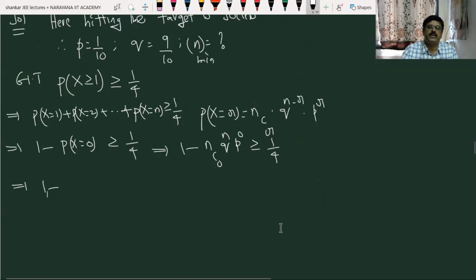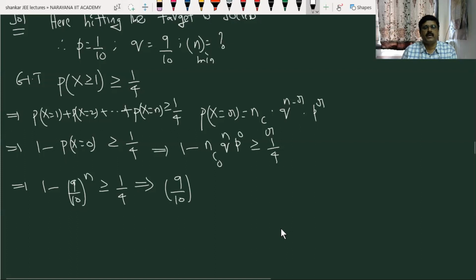So here q value how much? 9 upon 10. 1 minus (9 upon 10) whole power n into p power 0 (which is 1) is greater than or equal to 1 by 4, students. Then just multiplying by minus on both sides, you will be left with (9 by 10) whole power n minus 1 less than or equal to minus 1 by 4. Then it is (9 by 10) whole power n is less than or equal to 3 by 4, students.